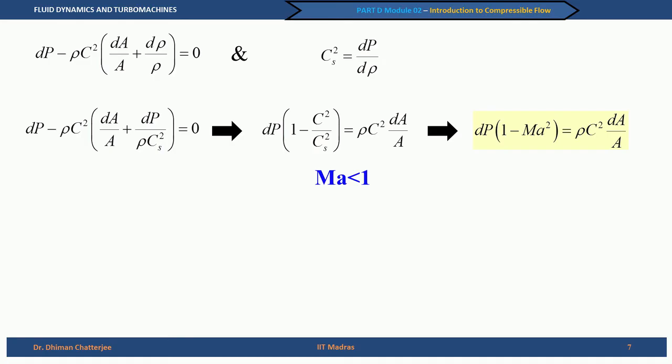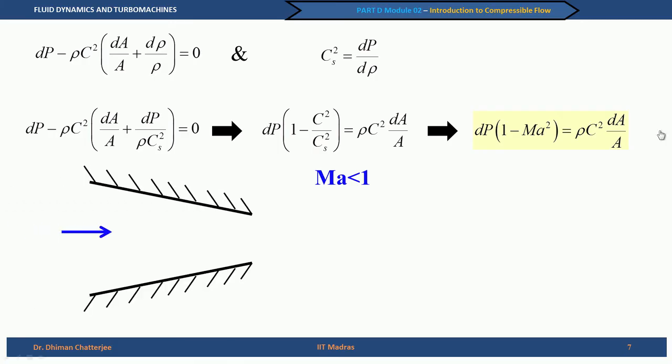First, we start with Mach number less than 1, and we can have two situations. The first situation can be the flow in a converging passage or nozzle. We can also discuss the flow in a diverging passage or diffuser. First, let us look at a subsonic flow through a nozzle.